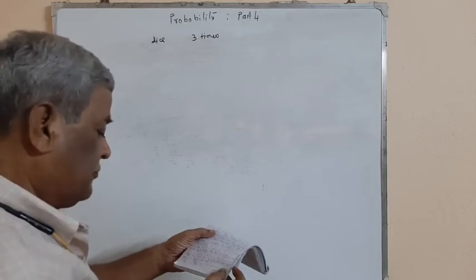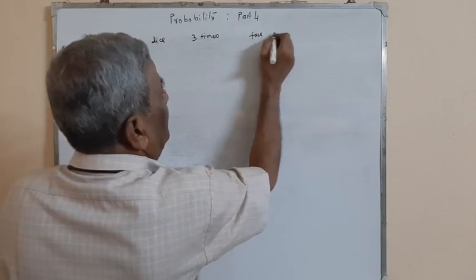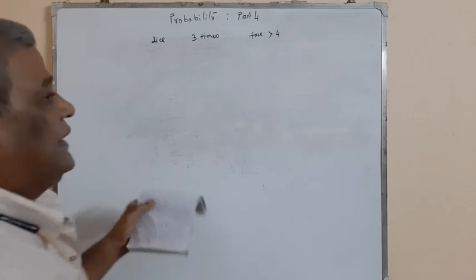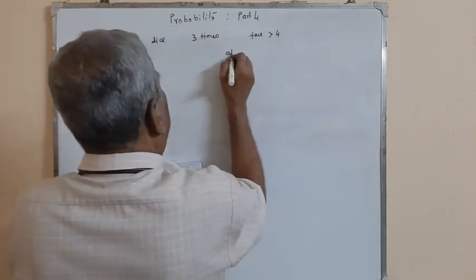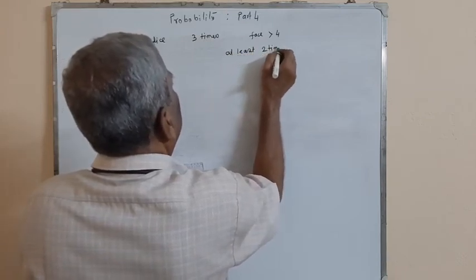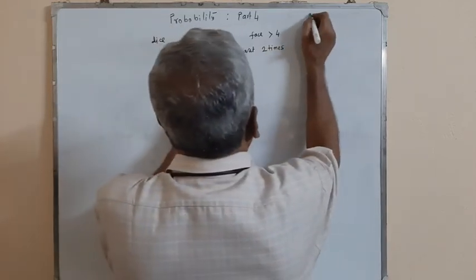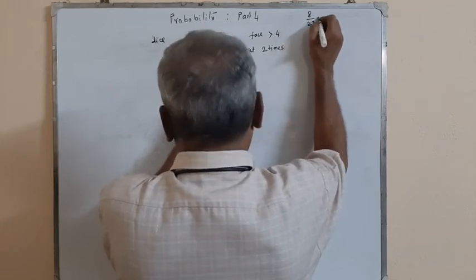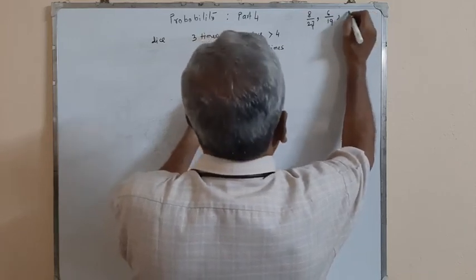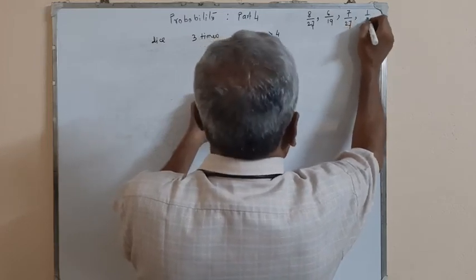The probability that faces greater than 4 will happen at least twice is, options: 8 by 27, 6 by 19, 7 by 27, and 1 by 3.